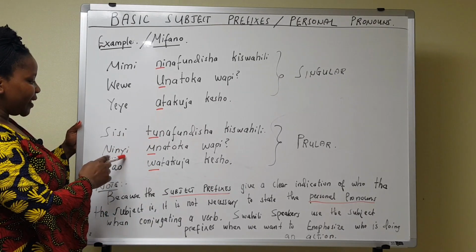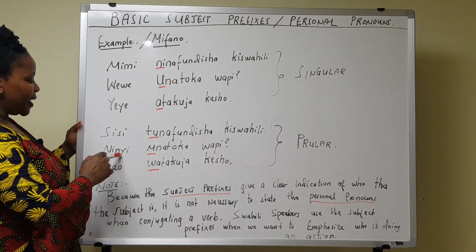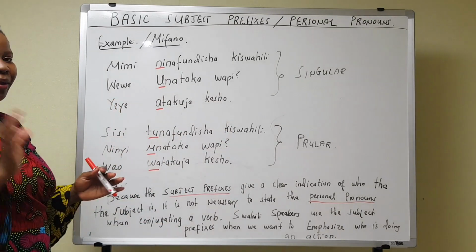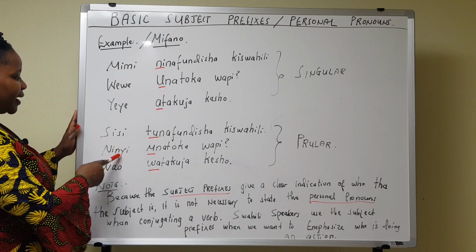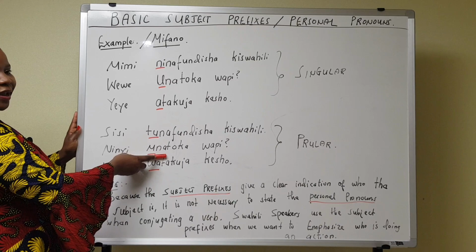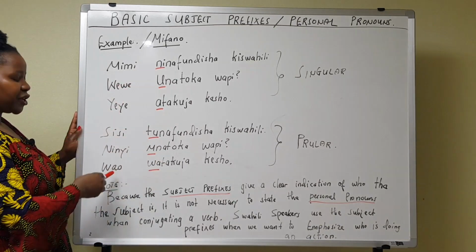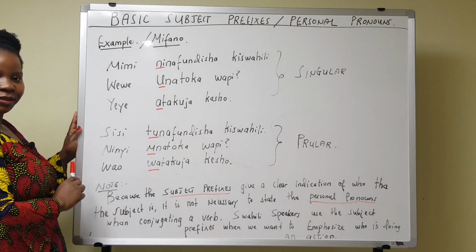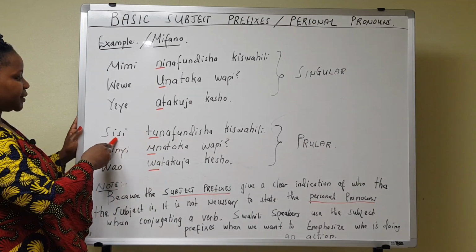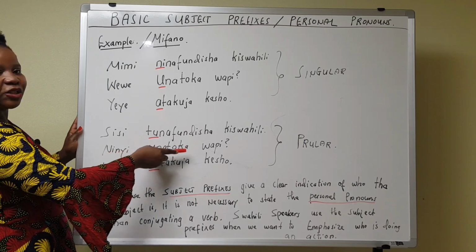You can't say Ninyi tunatoka wapi, but you will say Ninyi mnatoka wapi, because this is the subject prefix of Ninyi. Each personal pronoun has its own subject prefix. So Ninyi, Sisi, tu, and Wao, wa.